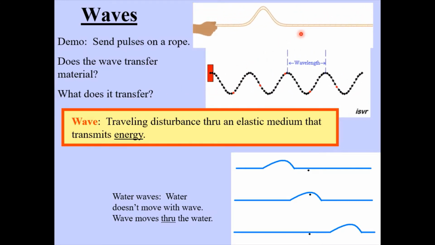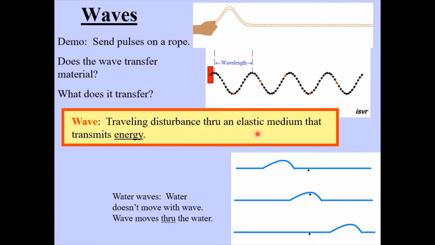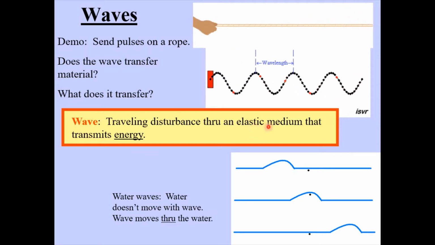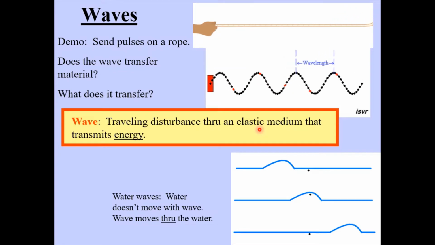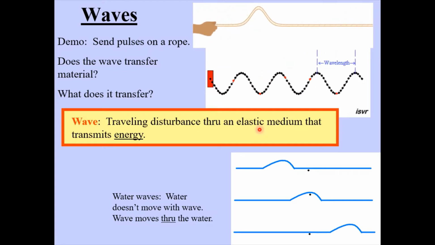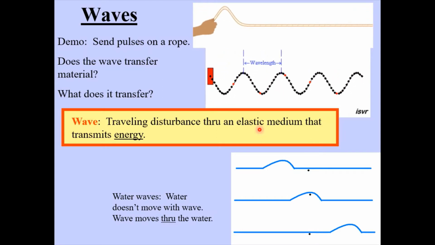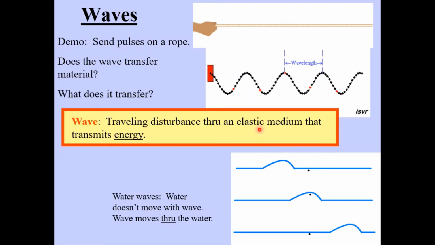So in this case, the rope is our elastic medium. And what an elastic medium means is that it's a material or a substance that is basically stretchy. And most materials are elastic. Remember, we looked at this earlier in the course when we talked about Young's modulus, and even materials as hard as diamond do have elastic properties.